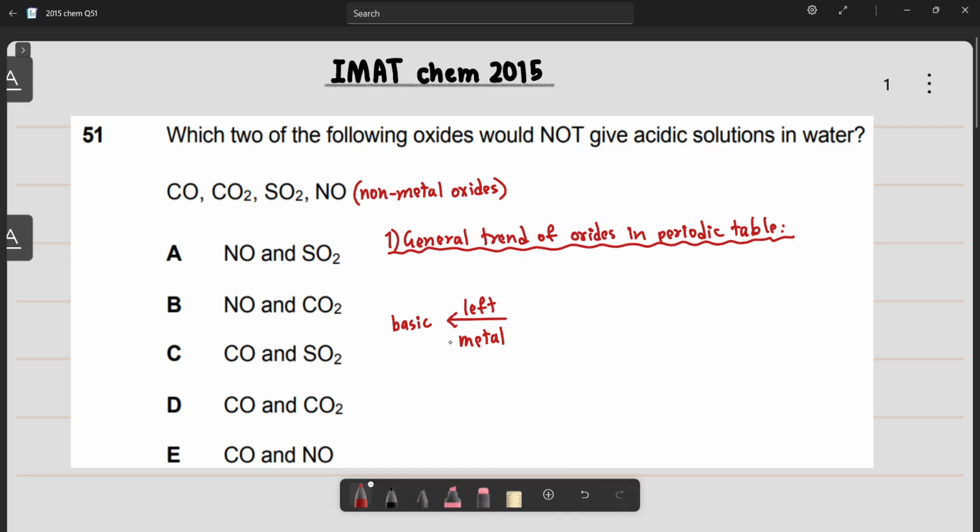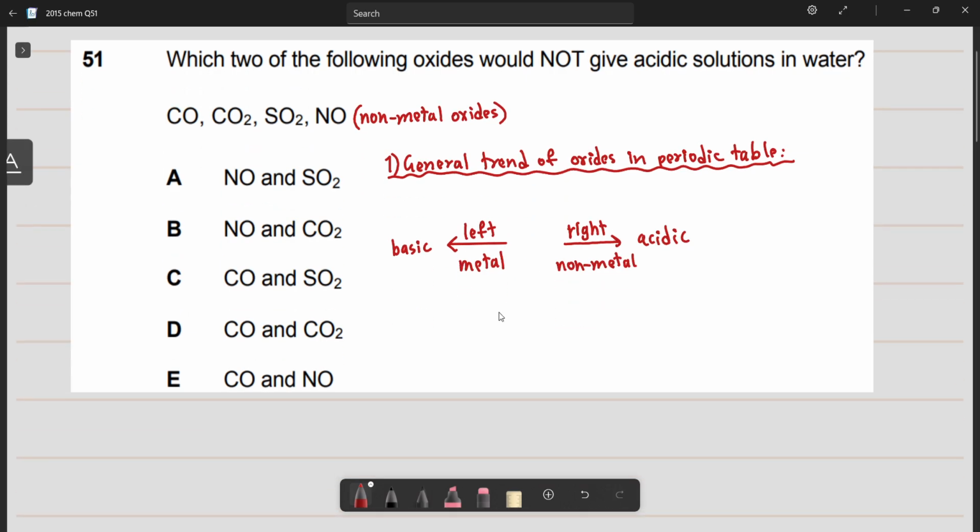So metal oxides are generally more basic. And if we move towards the right side of the periodic table, the non-metal side, it is more acidic. So it forms acidic solution if these non-metal oxides react with water. And if metal oxides react with water, they form basic solution. So that's the general key trend we must remember to solve this question.